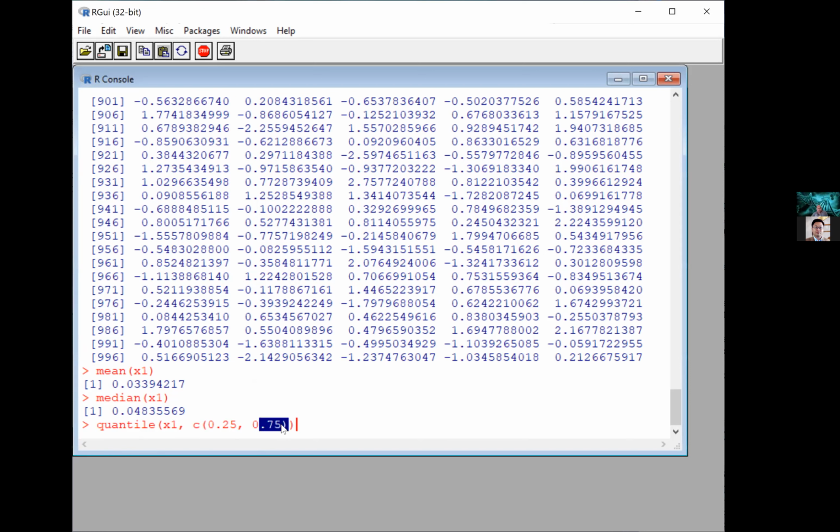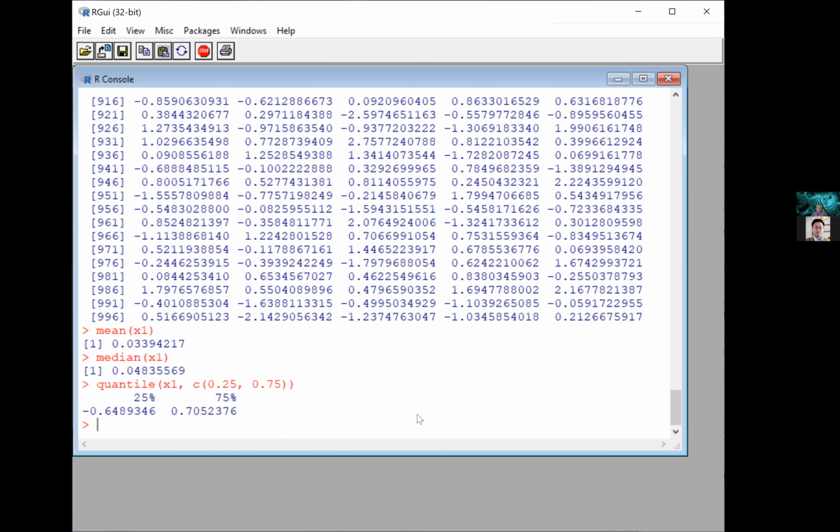The c just means it's a combination of numbers. 25th is this number, 75th percent is this number. Now remember, you used, I believe, the Q3 minus the Q1 to get the interquartile range. At 50%, you can figure out the Q2.